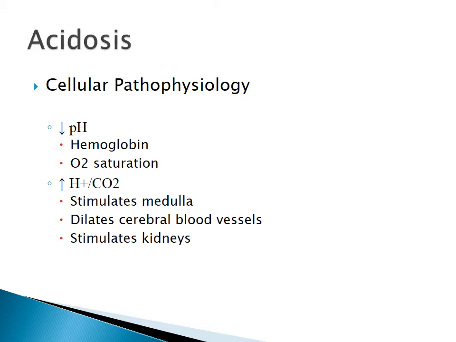Another thing that happens as the hydrogen, the acid, goes up, as the hydrogen accumulates and the CO2 accumulates, is it's going to stimulate the kidneys to retain bicarb and sodium. It's trying to compensate. It's going to excrete more hydrogen ions, and it's going to utilize the bicarbonate to buffer the hydrogen ion.